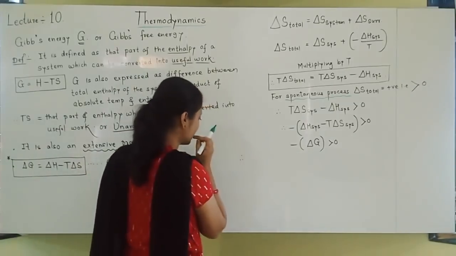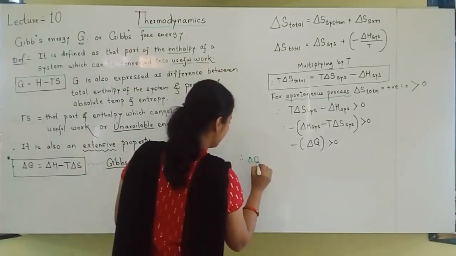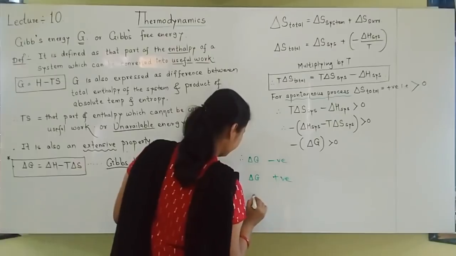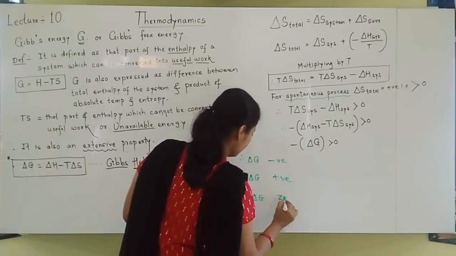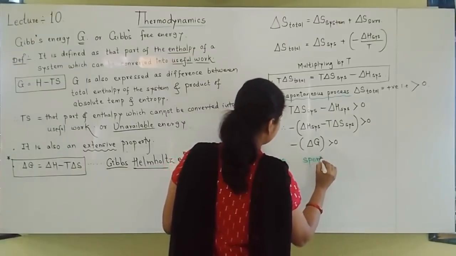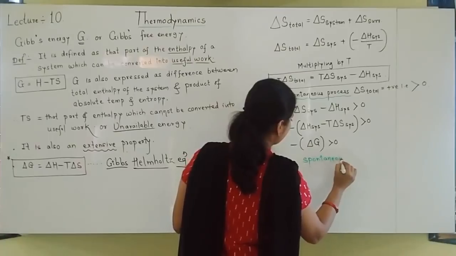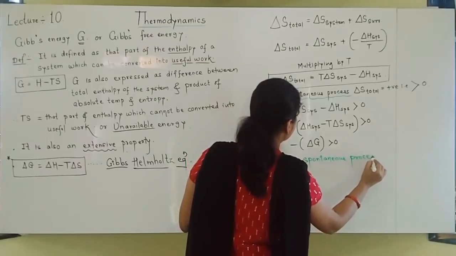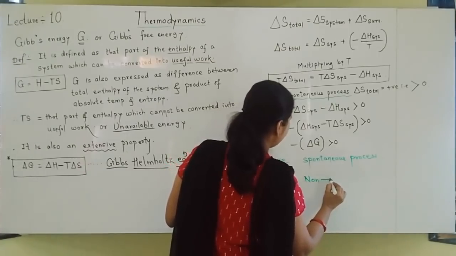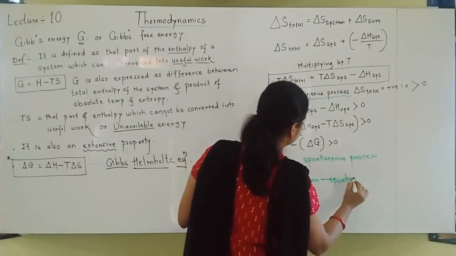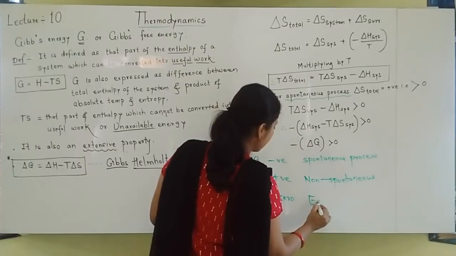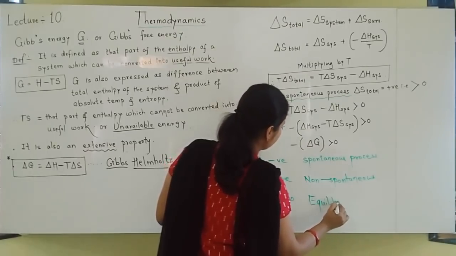See students correctly, three conditions I will write. Delta G is negative for spontaneous. Delta G positive for non-spontaneous. And delta G is 0, of course, at equilibrium. Equilibrium is our next lesson.